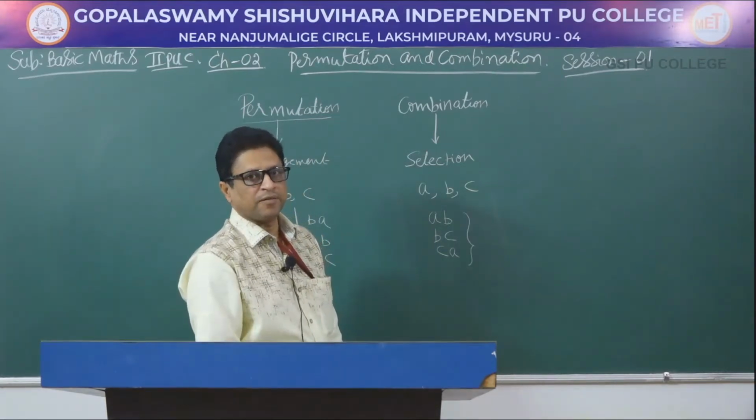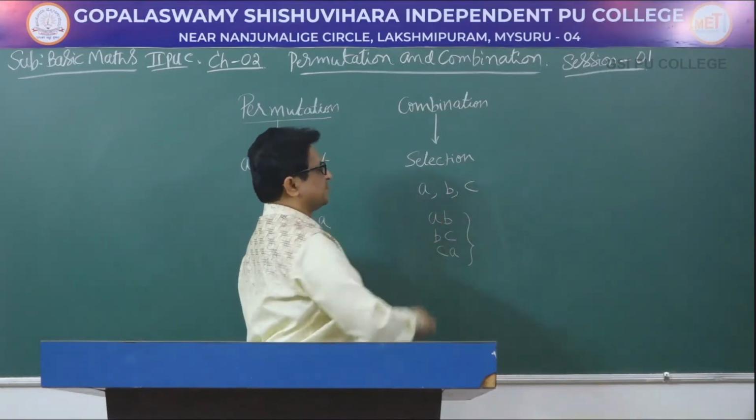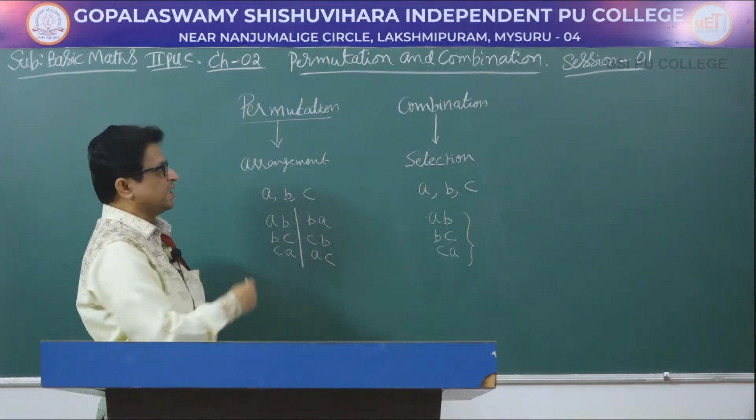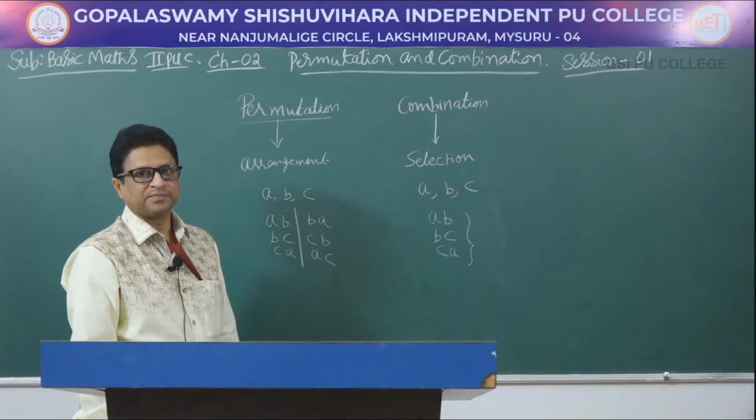Therefore, the total number of possible selections is 3. Let us learn in detail the permutation and combination later.